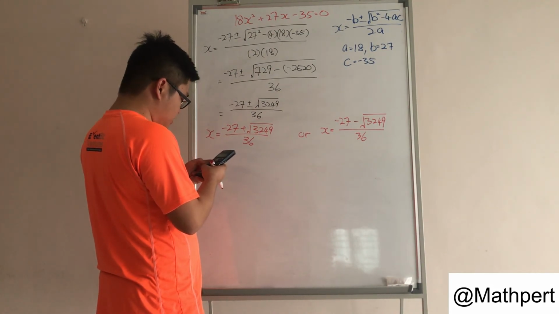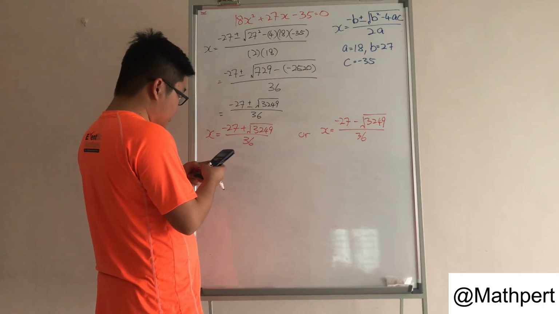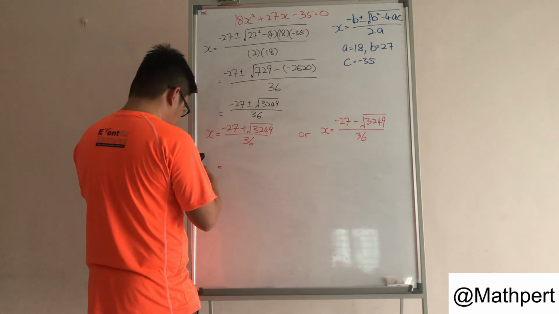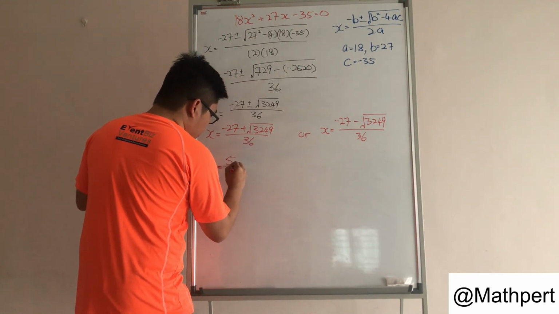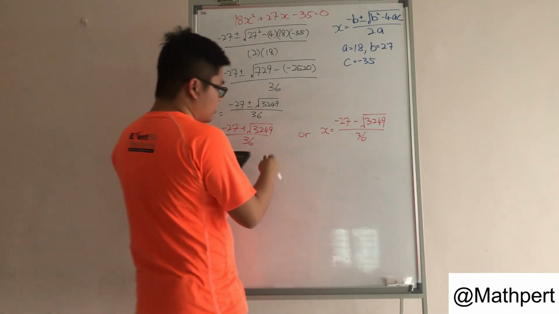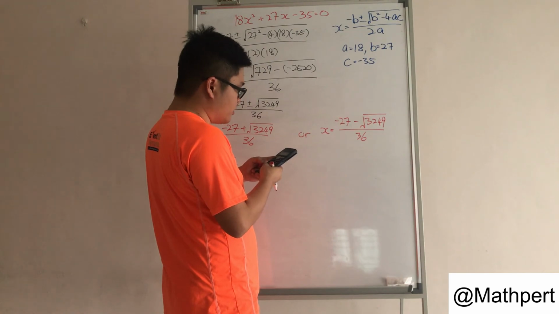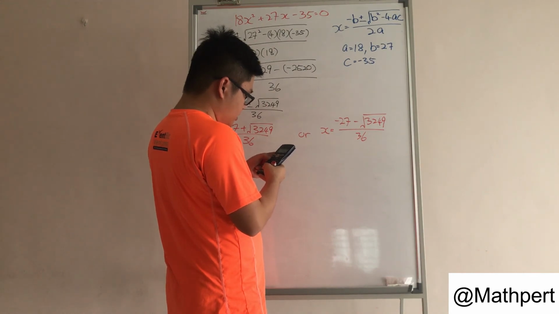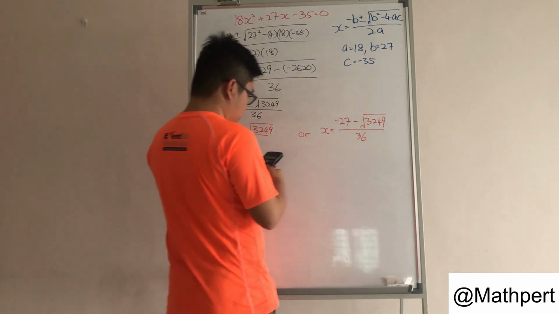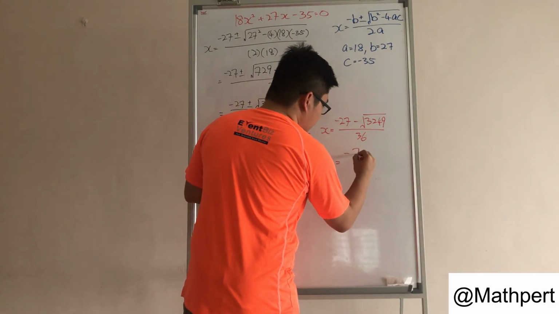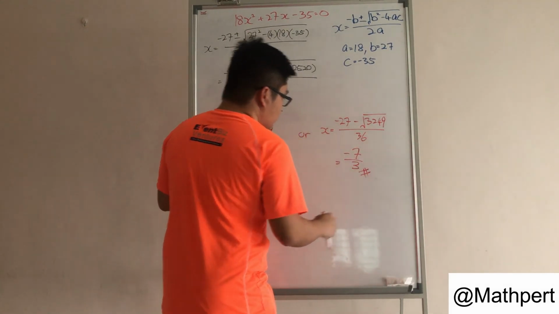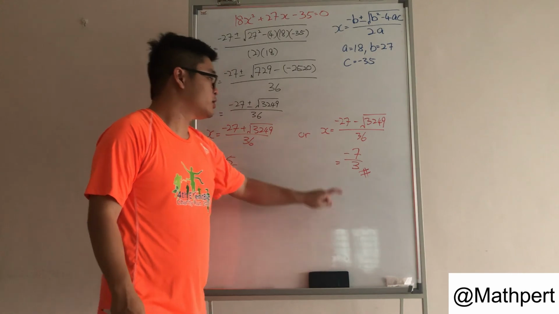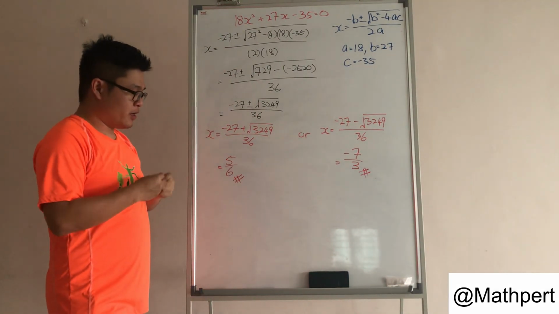Negative 27 plus square root 3249 divided by 36 is 5 over 6. How about this one? Negative 27 minus square root 3249 divided by 36 is negative 7 over 3. So 5 over 6 and negative 7 over 3 are the roots for this quadratic equation.